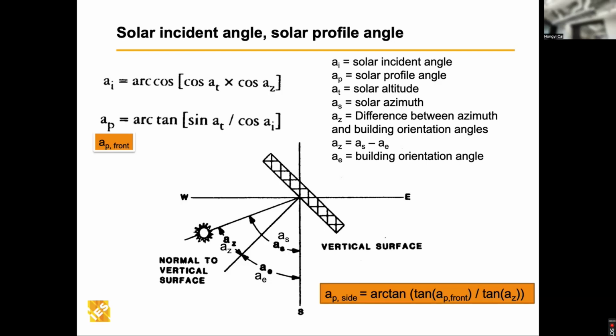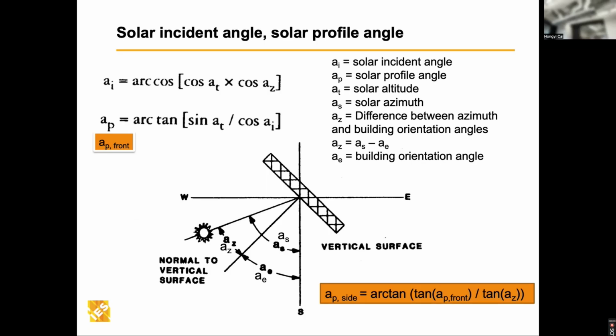So that's this angle, right? And then you have a building orientation angle. This is your building, of course, this is part of the grading, right? And you have your building behind. So this is your building orientation, that's your alpha E, building orientation. Okay, so the difference between the axis angle and the building orientation angle is this angle.